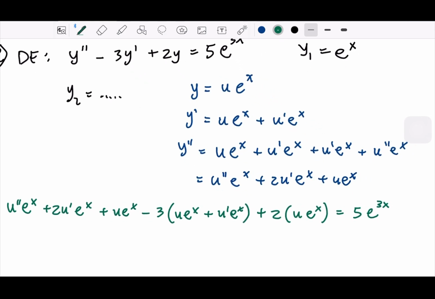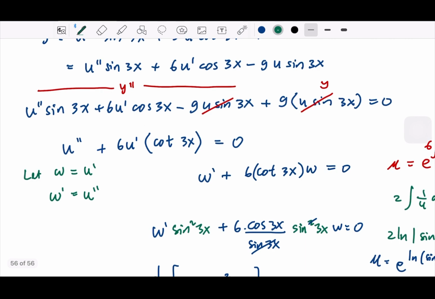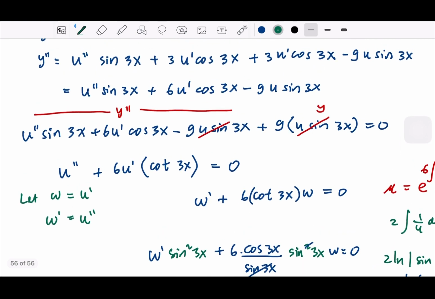Okay, notice that in the previous examples, which we already checked last week also, the right side is equal to 0, which is homogeneous, right?